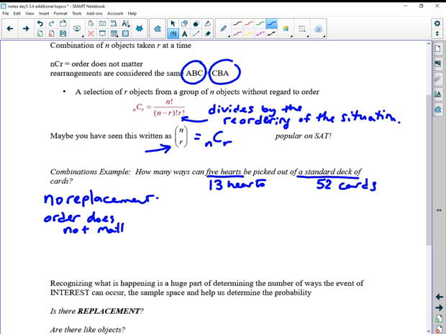I don't care what order I got my hearts. I just want to get hearts. So I'm going to have 52 cards in the deck, and I'm going to take 5 cards. This would be taking cards out of all the cards. So that would be the total number of ways.